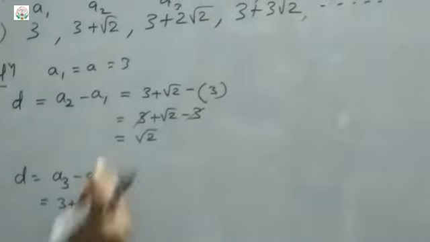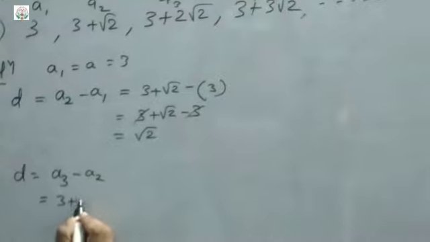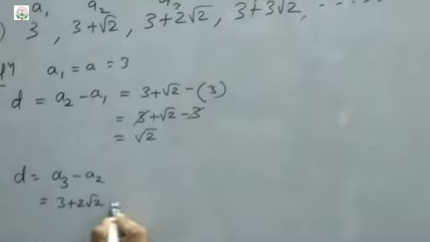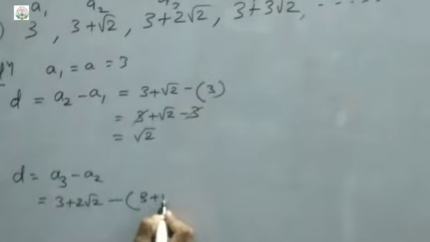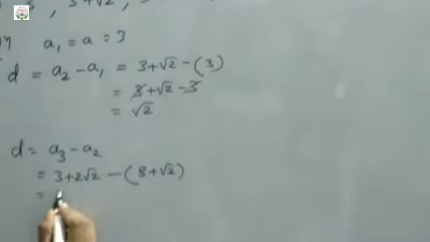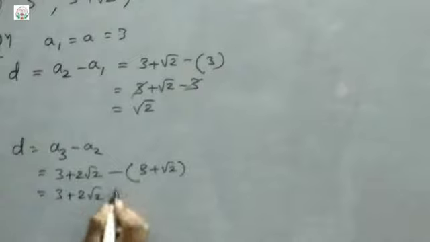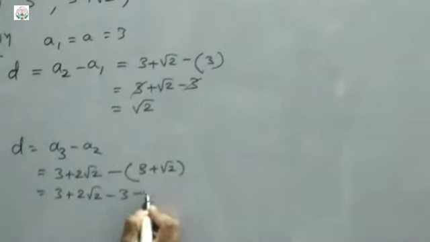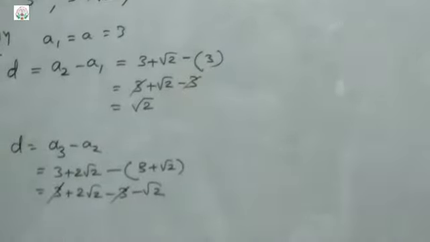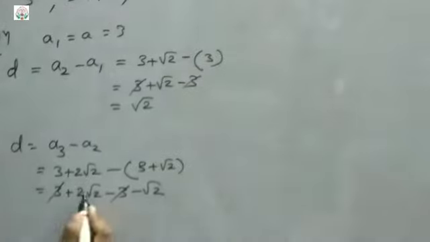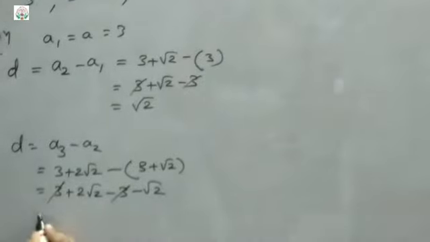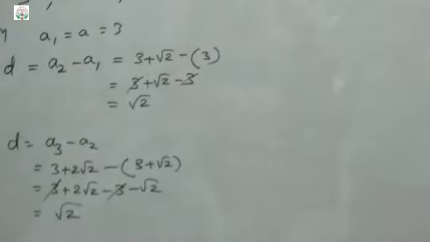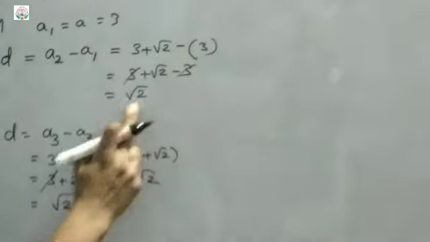A3 is this one, the third term, 2 root 2 plus 3, minus A2, the second term, 3 plus root 2. So 3 plus 2 root 2 minus 3 minus root 2. The plus 3 and minus 3 cancel. Here 2 root 2 minus root 2 is only root 2. So you can see the common difference is the same.